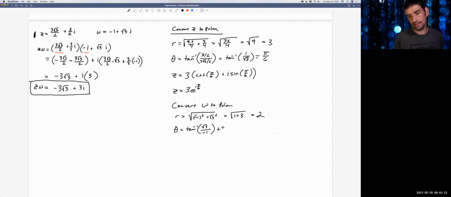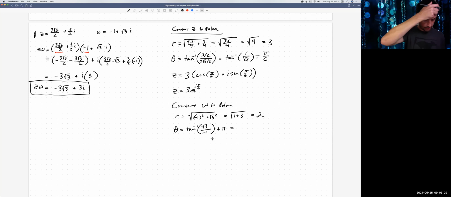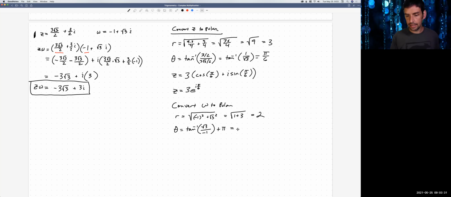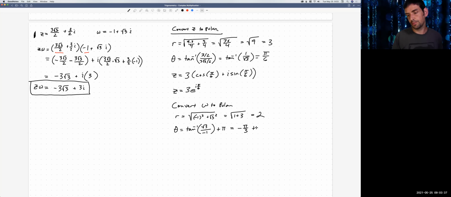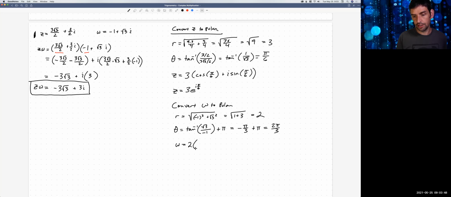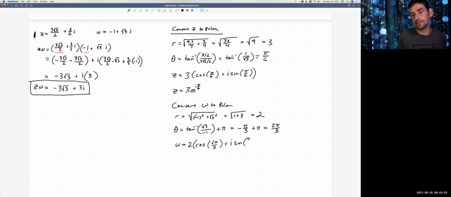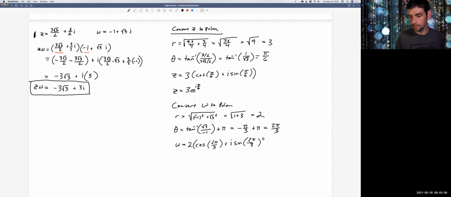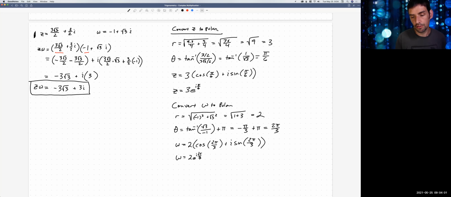We need to add pi to this. So negative pi over 3 is the inverse tangent of this, plus pi gives us 2 pi over 3. Okay, and so now we have w equal to the radius times cosine of 2 pi over 3 plus i sine of 2 pi over 3, or 2e to the i 2 pi over 3.